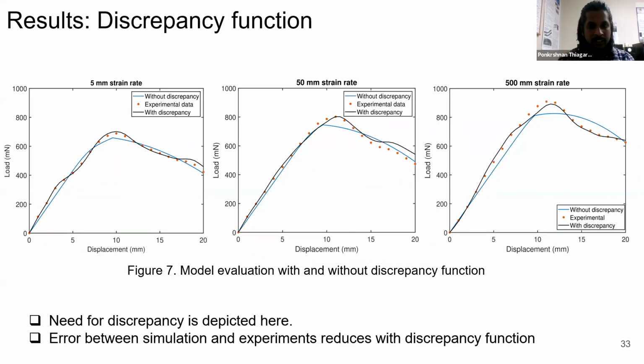Now, the need for a discrepancy function for this cohesive zone model is shown here. We can see that for the blue curves, without discrepancy, the cohesive zone model was not able to predict the experimental response properly. But once we added the discrepancy function, the black curves can now predict the experimental response very well. We can also see that the error between simulation and experiments has reduced significantly after introducing the discrepancy function.